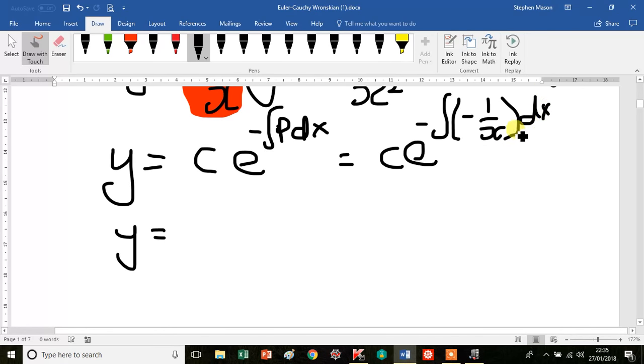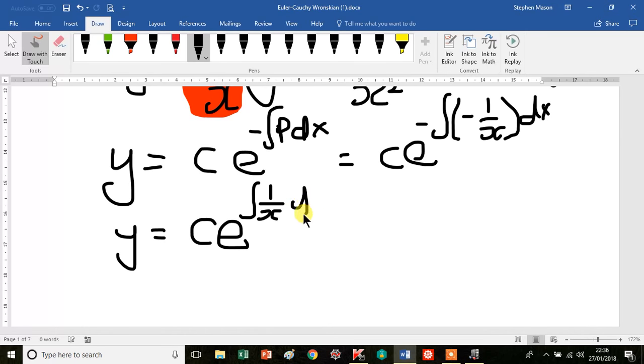And I hope you can see that a little bit there. So what we have is y equals c e to the integral of 1 over x, which is the same as x to the minus 1, times 1 over x dx.